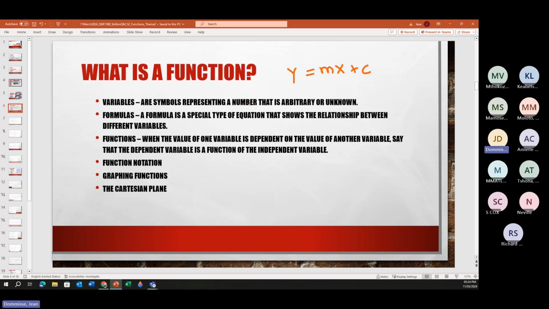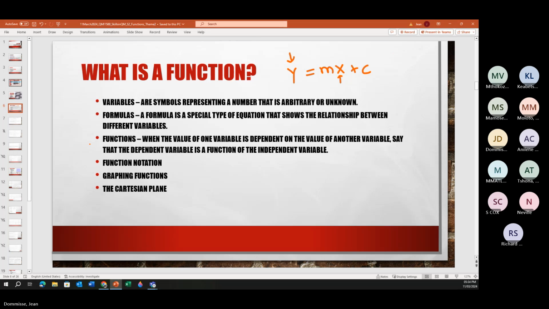In some of it, there will be variables. So your x and your y will be variables. Your m, representing the slope, will be a number, and your c, representing the y-intercept, will also be a number.